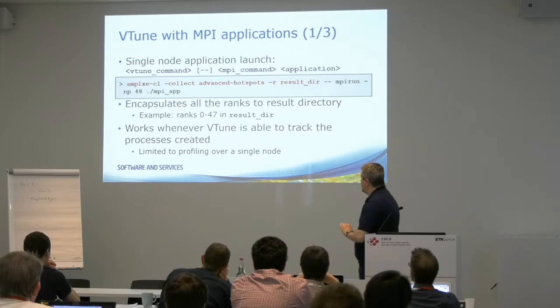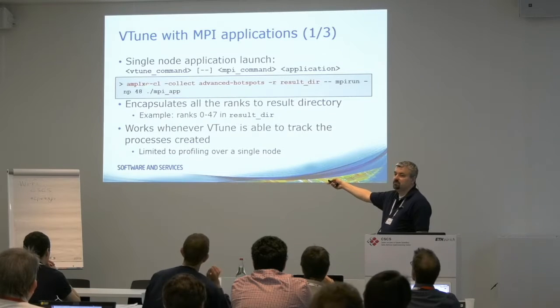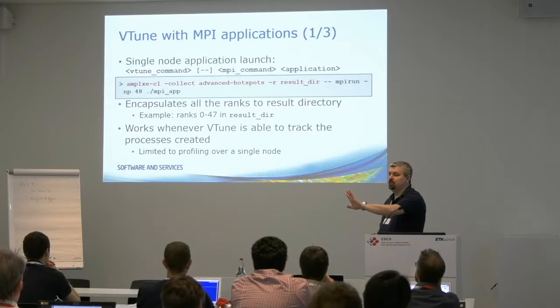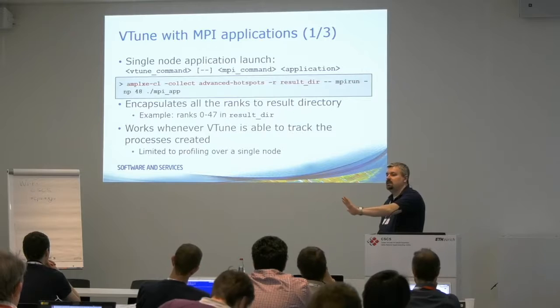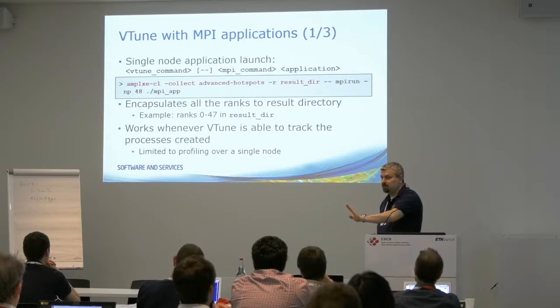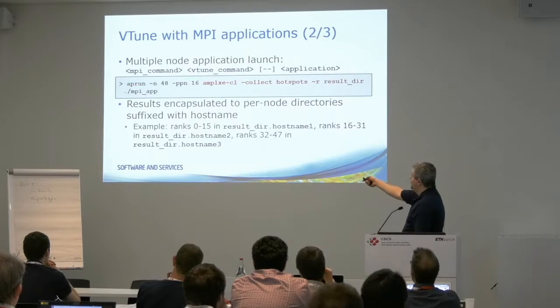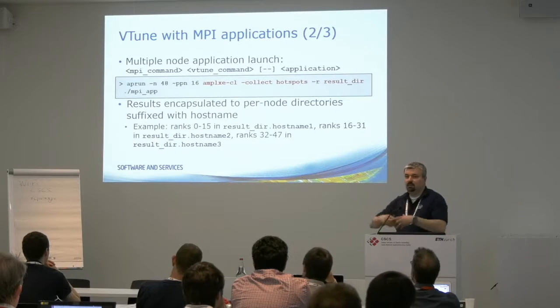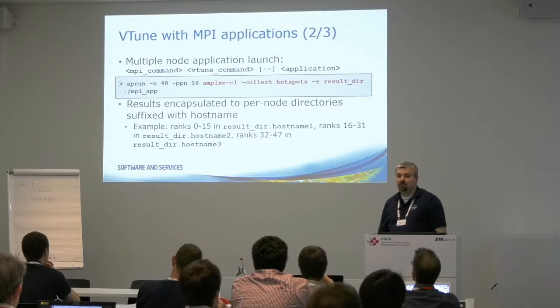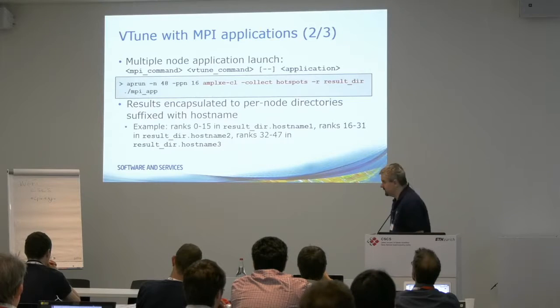Yep. So here, there's only one VTune running, monitoring the local node, and whatever MPI ranks are running on that local node are monitored. And here, we get as many result directories as you have nodes you have been working on, containing the performance data of the corresponding local node. Okay? Make sense?